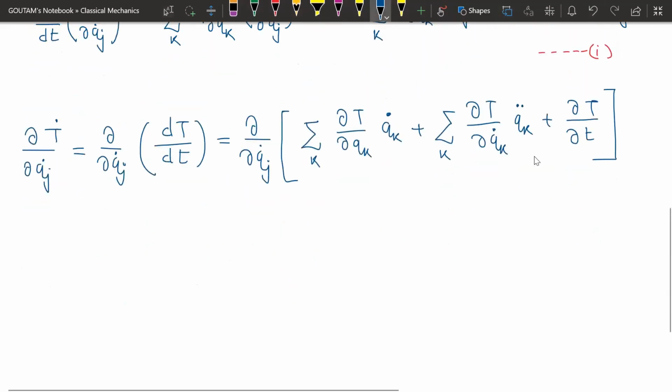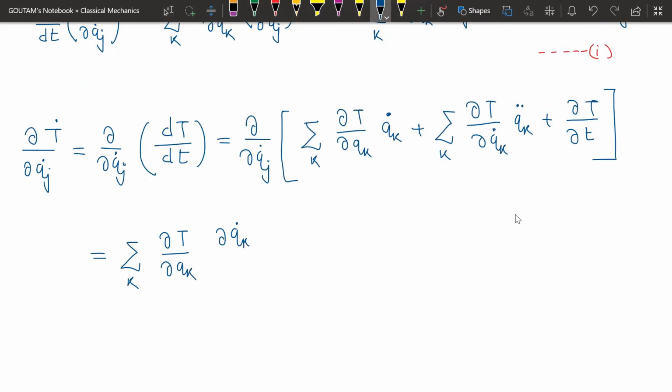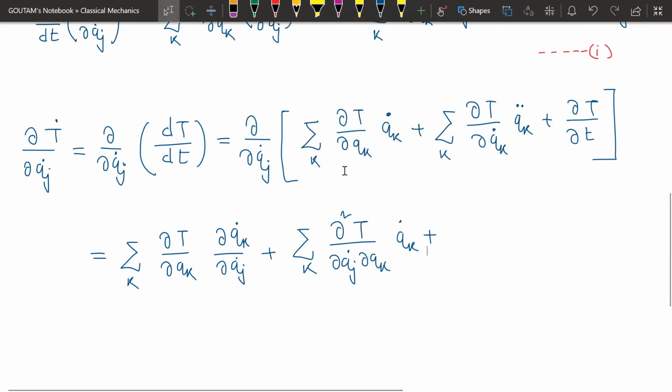Now if we take the derivative, we will get the sum over k of ∂T/∂qk times ∂q̇k/∂q̇j, plus the sum over k of ∂²T/∂q̇j∂qk times q̇k.